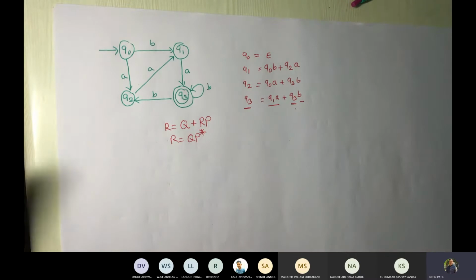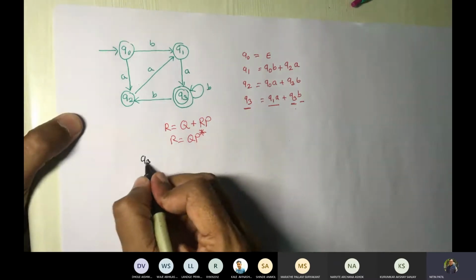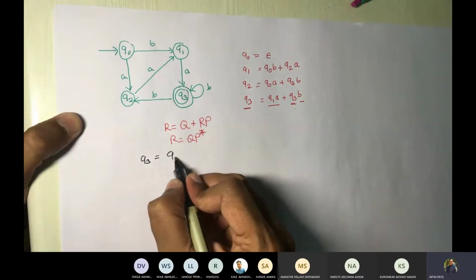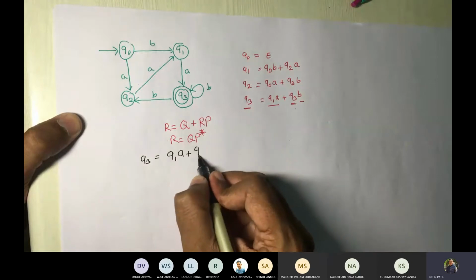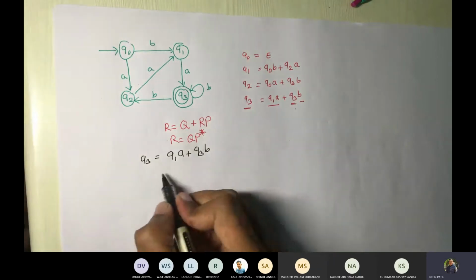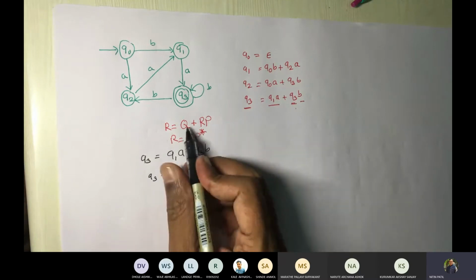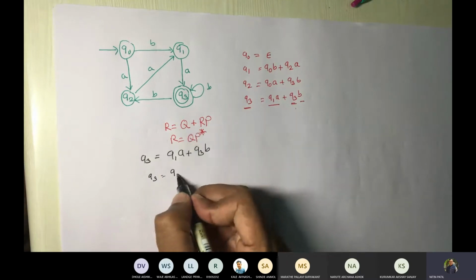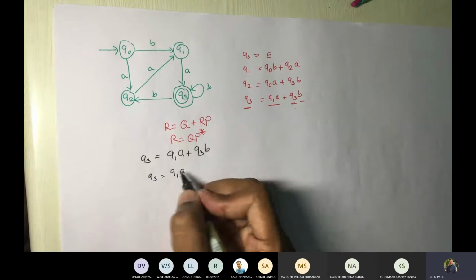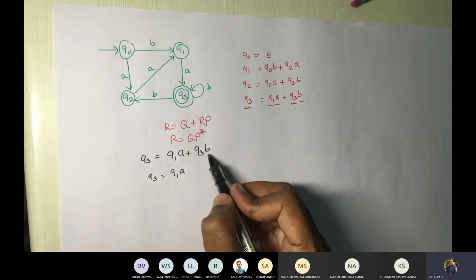So I will concentrate on Q3 first. Q3 is equal to Q1A plus Q3B. As this is of this form, I will write Q3 equal to Q, which in this case is Q1A as it is. Now P is what here?